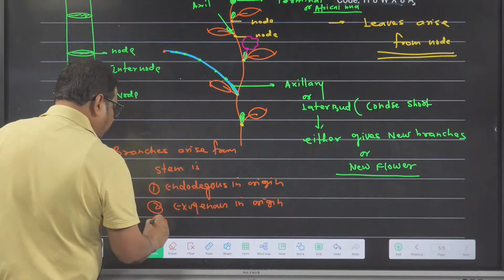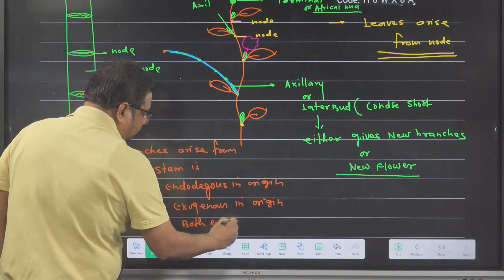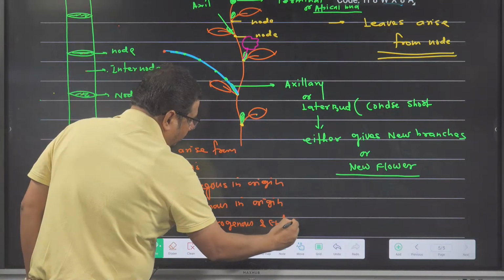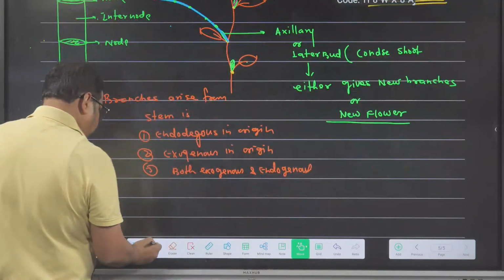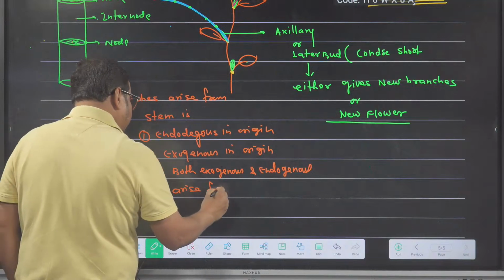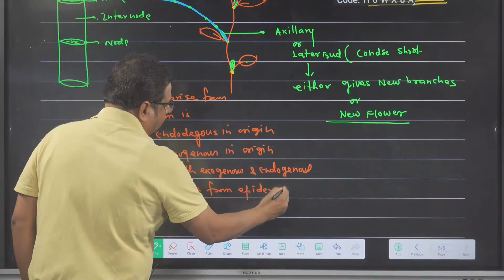Third, both exogenous and endogenous. And fourth, arise from epidermis.